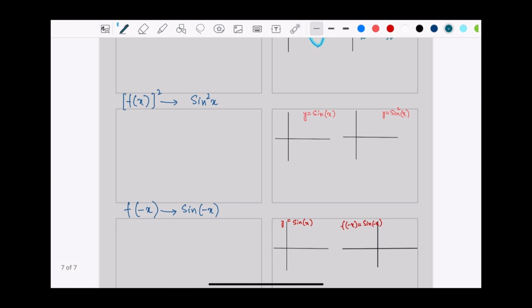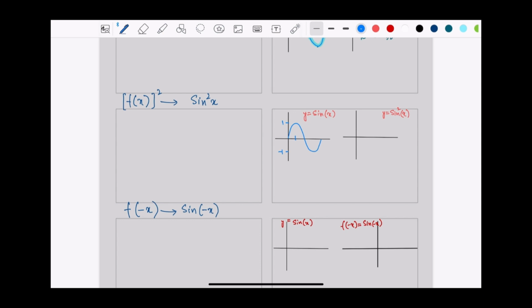Sine square of x. As you know, the square function always converts negative to positive. So in this case, this value here is 1 and -1.